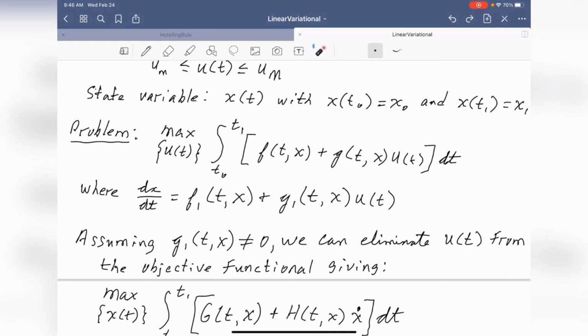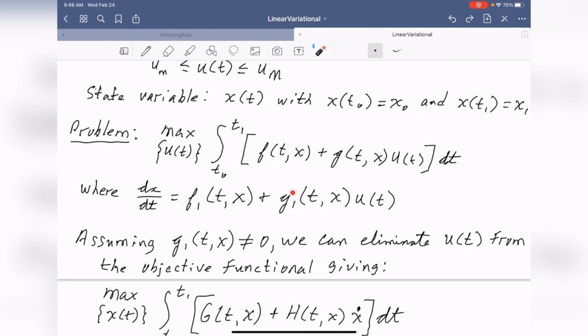And dx/dt in this case is the partial of the function f with respect to t, and we denote that with the subscript 1 to indicate it's the first parameter of f.